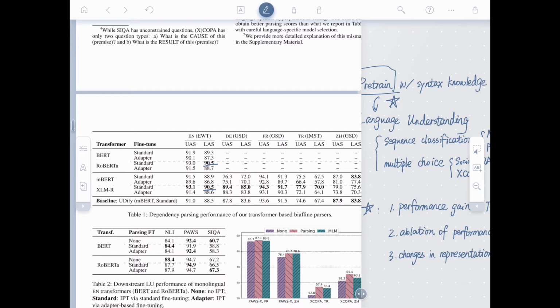These two results are better than the baseline, UDify, which is based on multilingual BERT. Note that other pre-training methods also all result in higher performance than the baseline, except for the adapter in BERT.